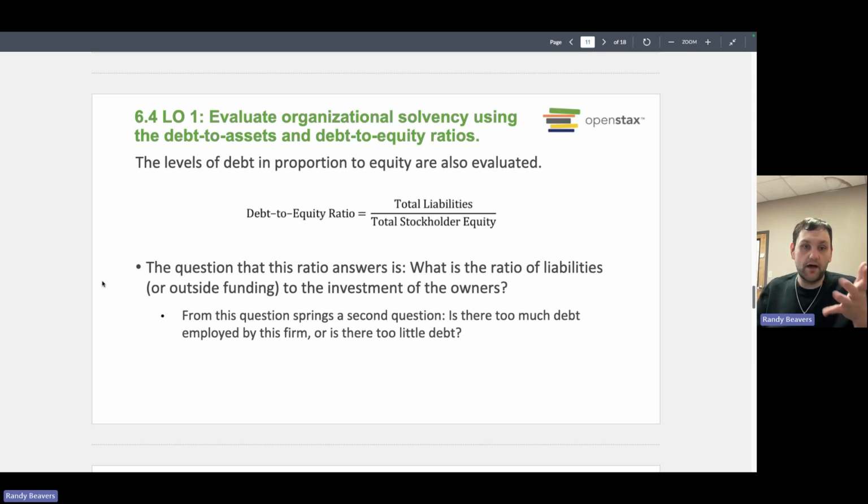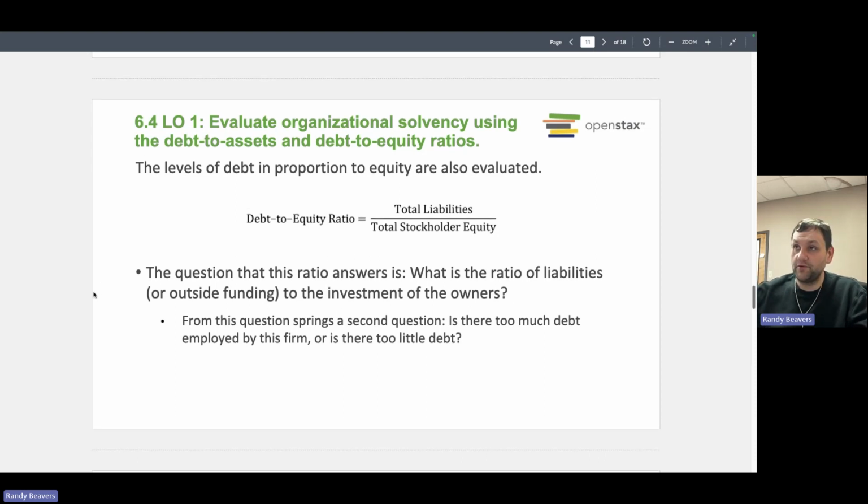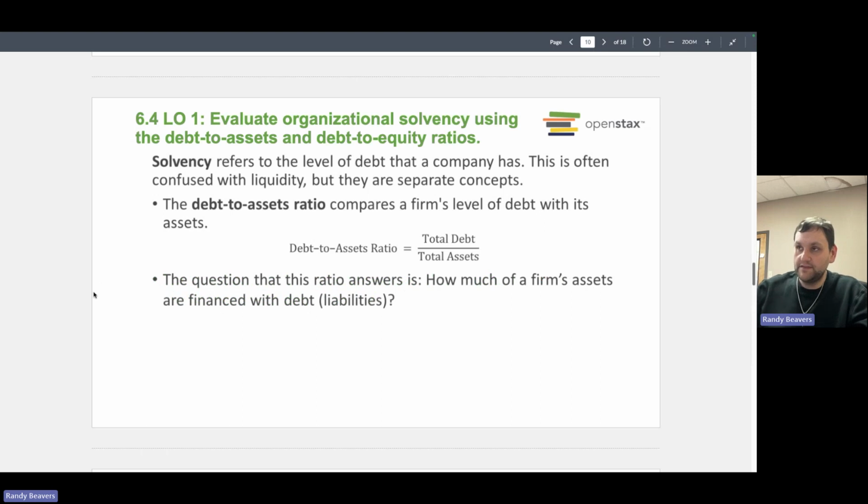Note that there's not some optimal ratio with regards to these two things in terms of how much debt you should or should not have. It's a preference in terms of the companies. But typically, what I like to say is that when we're talking about debt to assets, if that number is greater than 50%, that gives me pause.